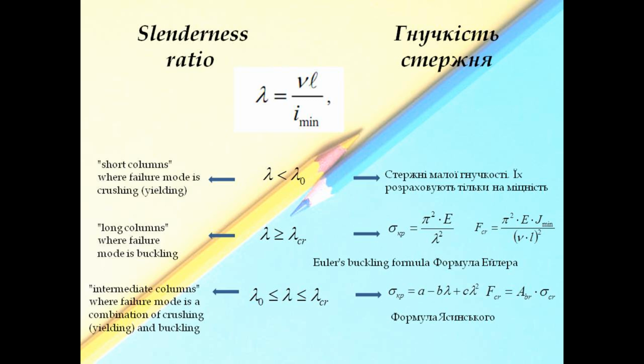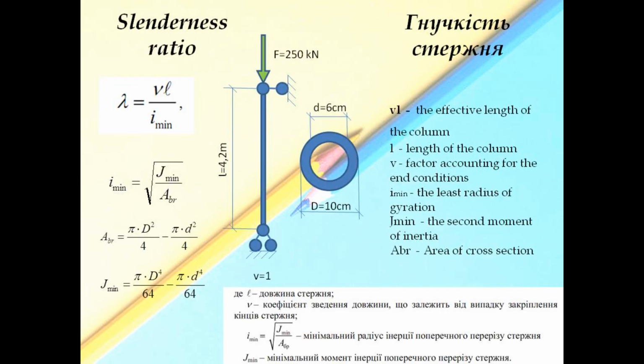Let's summarize. Having solved the slenderness ratio and chosen the appropriate formula, the next step is to calculate the critical buckling load. The slenderness ratio, in simple terms, is a means to define the aspect ratio of a column or a building.